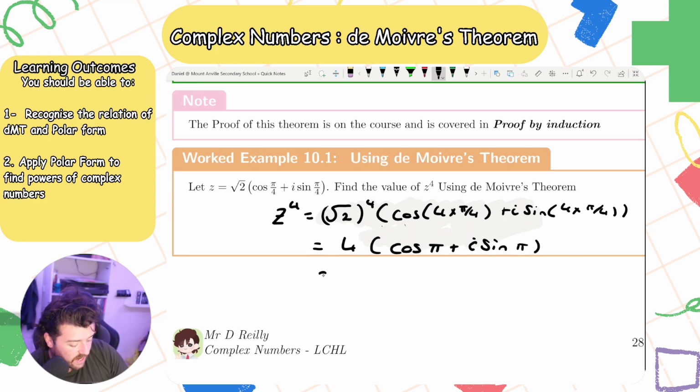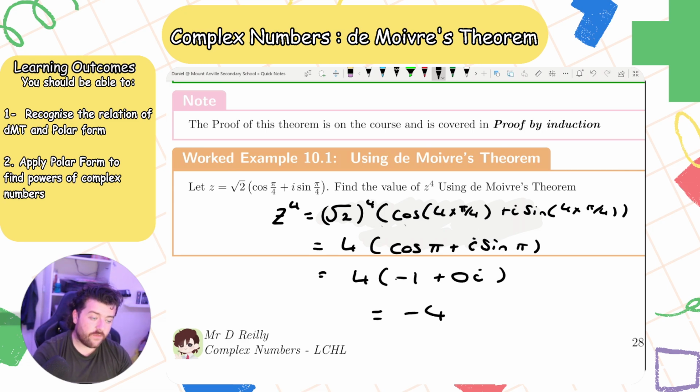That's the answer there. If you want to put it in rectangular form, it didn't ask us here, but 4 times cosine pi is equal to -1, and sine pi is 0, so 0i. So my answer here is -4. How fun is that?